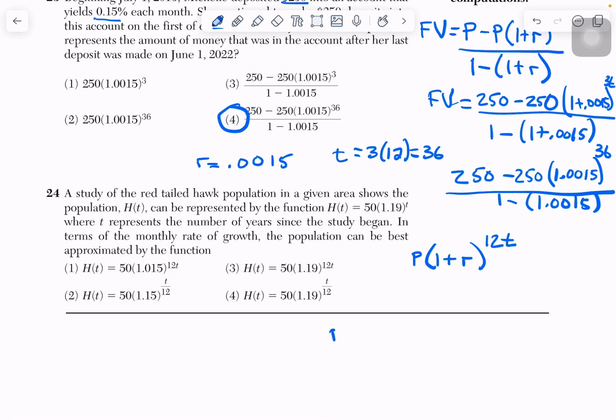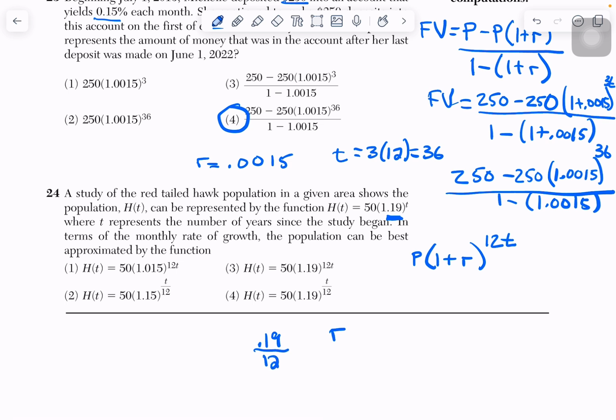The rate is equal to... nope, let me take that back. The rate is this number up here, 0.19, right? That's each year. That represents a year, and we've got to divide that by 12.